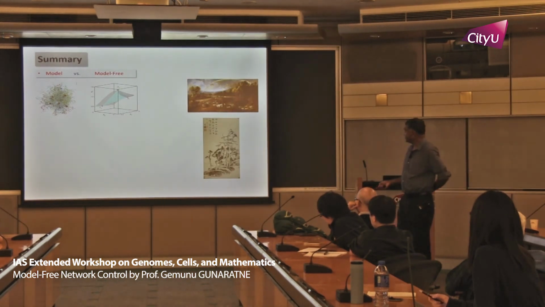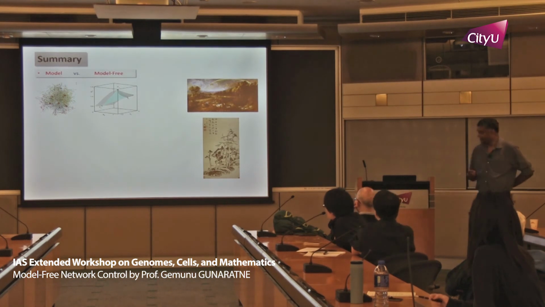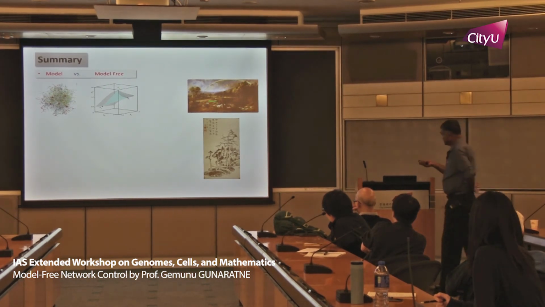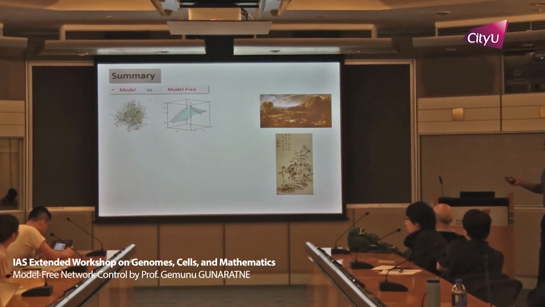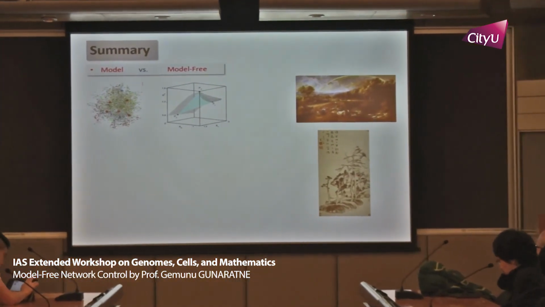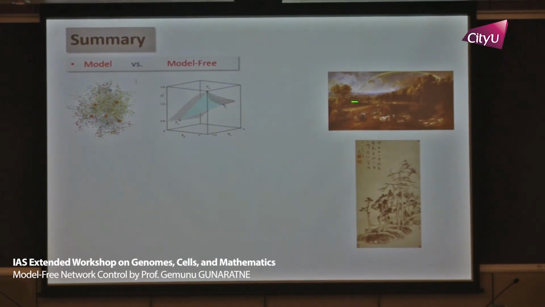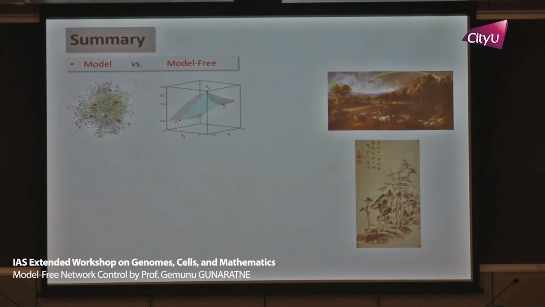This is somewhat similar to looking at a landscape. This picture is from Peter Paul Rubens. It's a beautiful painting. There's every leaf and every branch that's way back here, giving all the details of this landscape. Or you could think of a Chinese landscape, which is an abstraction.